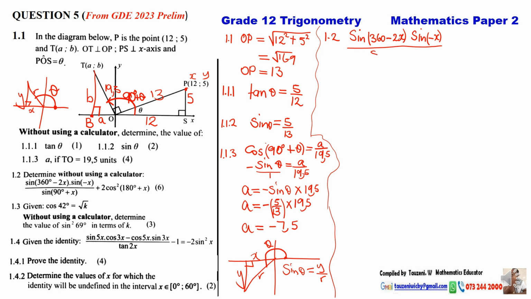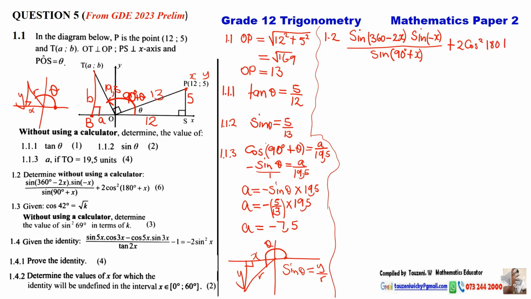Then secondly, 90 degrees plus or minus theta, that's a cofunction. So that one sine becomes cos and cos becomes sine. Those are obvious things that we are supposed to know in our minds as we work out these calculations.